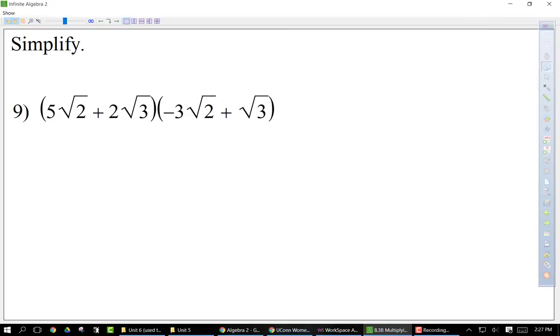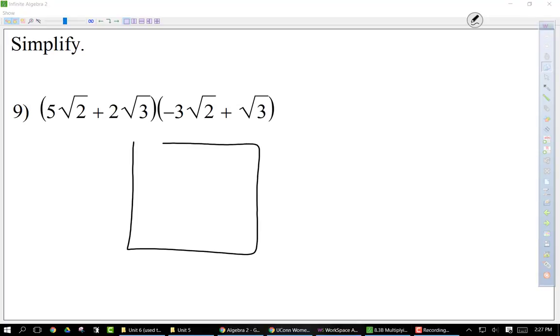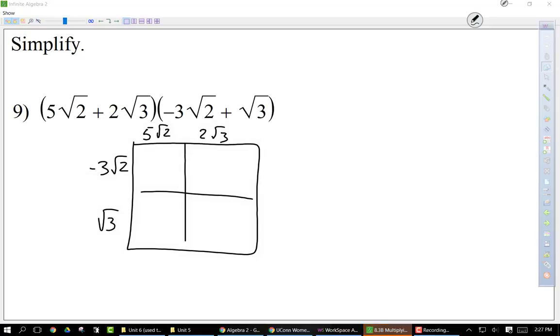Let's do number 9. This will be the last one that we do, and then we'll get to the next video. Again, we want to make a box because we have two binomials. 5 root 2, 2 root 3, negative 3 root 2, and root 3. Let's multiply the first numbers together. That makes negative 30.